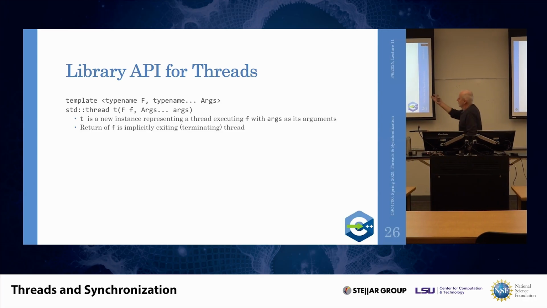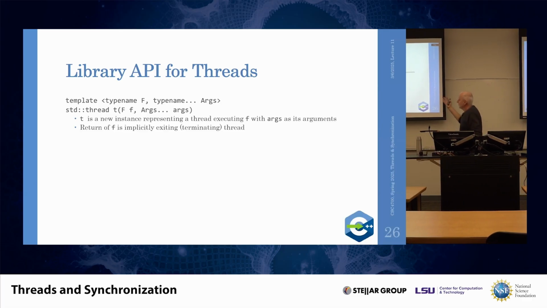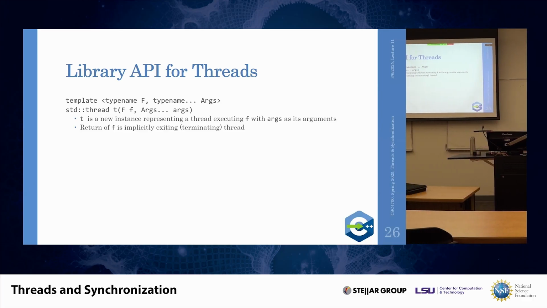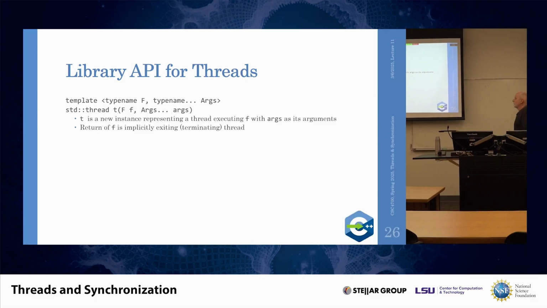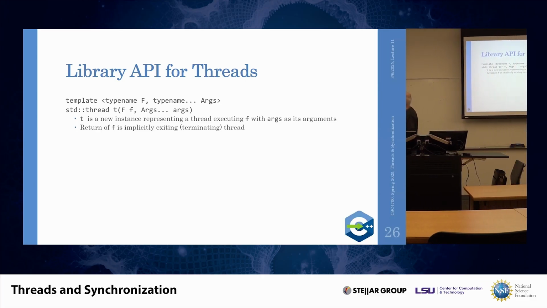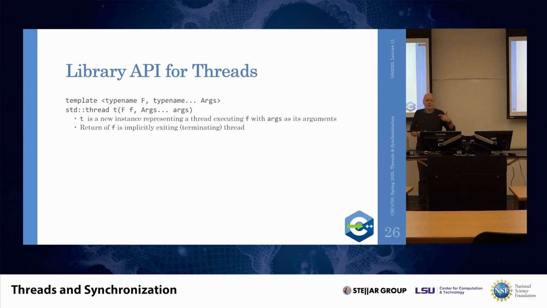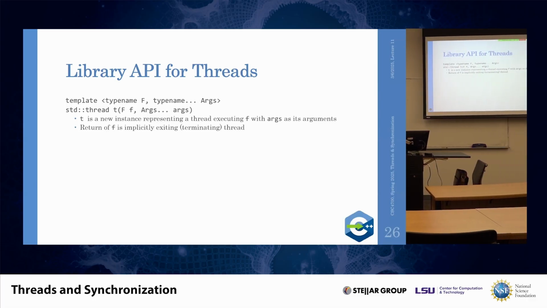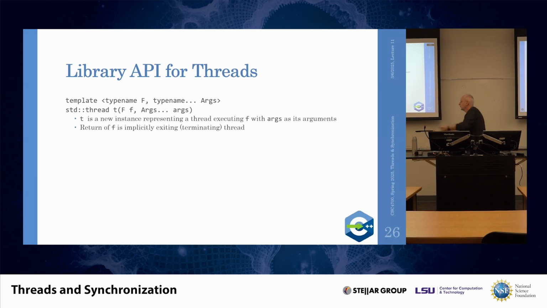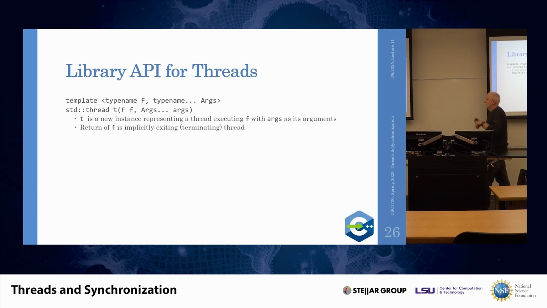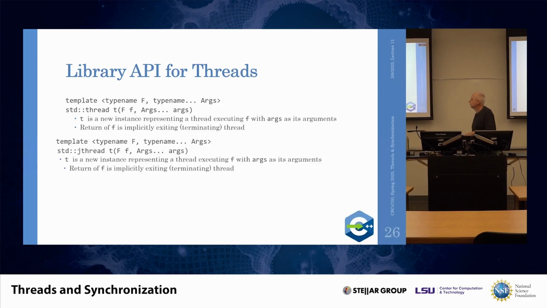So once I construct t, it represents a new instance of a thread that executes f with args as its arguments. The thing to note is that if f exits, if f returns, finishes running, the thread is implicitly terminated. So it's kind of f that defines the lifetime of the thread. It's defining the flow of execution that thread represents.